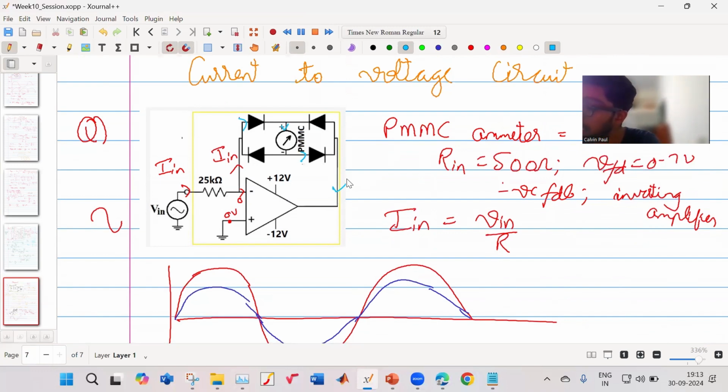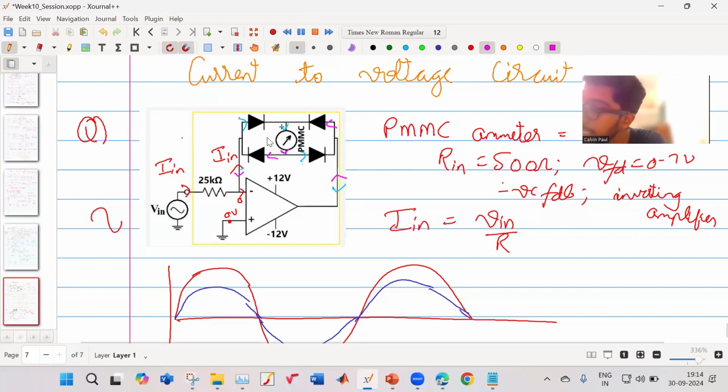But when my input current is negative, it would have become like this. Then the current has to flow like this, come like this, and come like this. So the rectification is happening through the diodes.